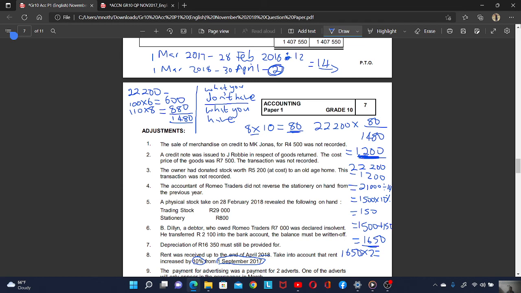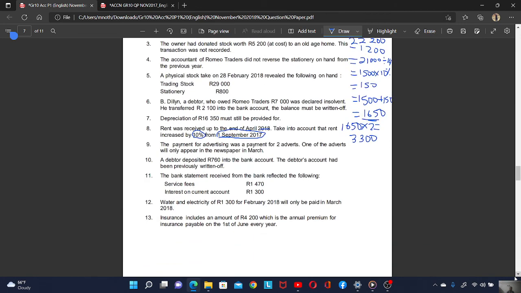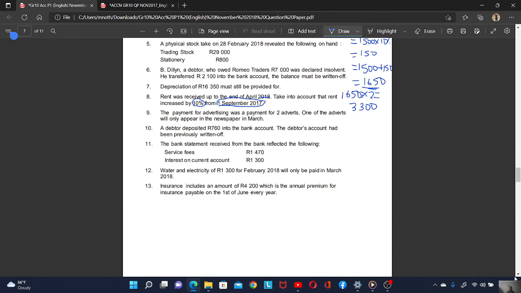It's 3,300. So in an income statement, we're going to record it like this. Rent income is 22,200 minus 3,300, because this is rent income which is received in advance. It is for 2 months.